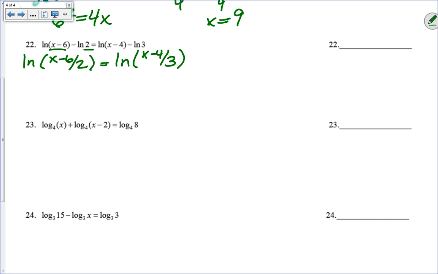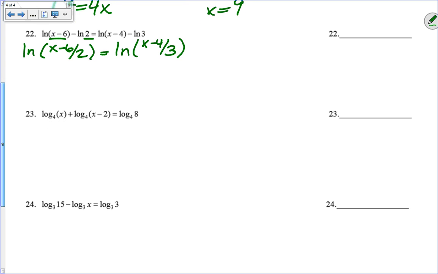So same idea. So if we look at this, we have natural logs on both sides of our equal sign. For this to be true, what do we just need to set equal to each other? What's in our parentheses, right? So if we get logs of the same base and natural logs on both sides, we can just take what's in our parentheses, set it equal to each other, and solve for x, right? Now we have to be careful, though.